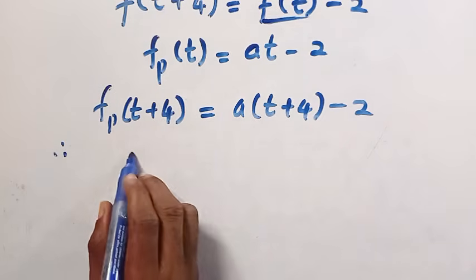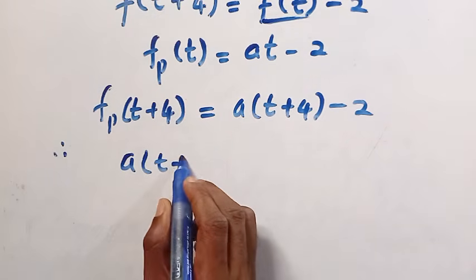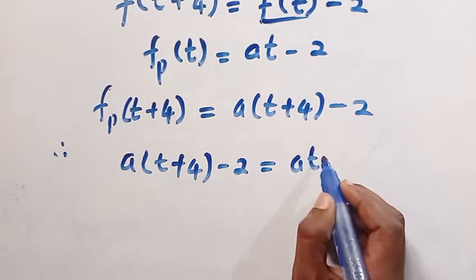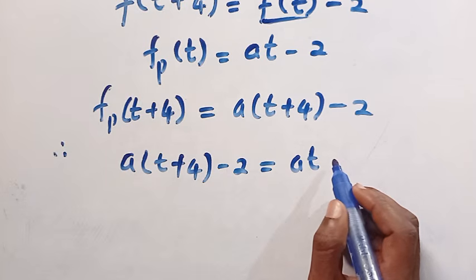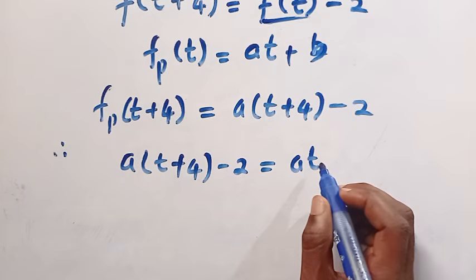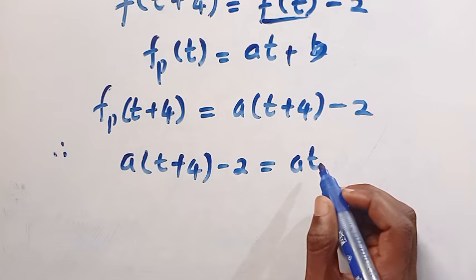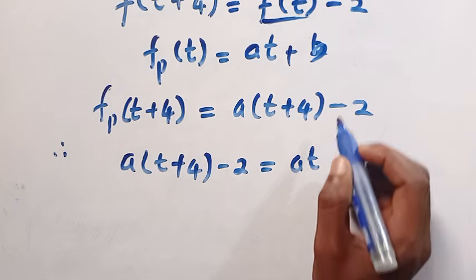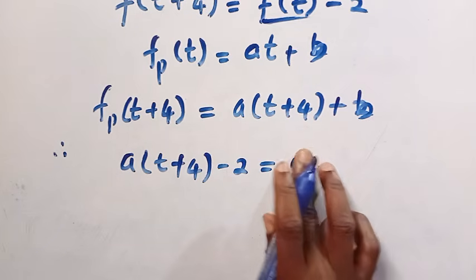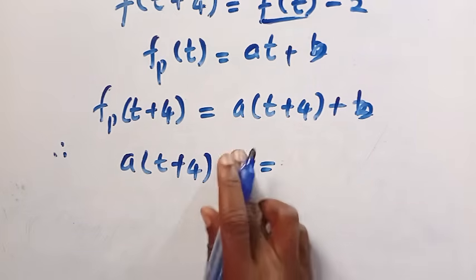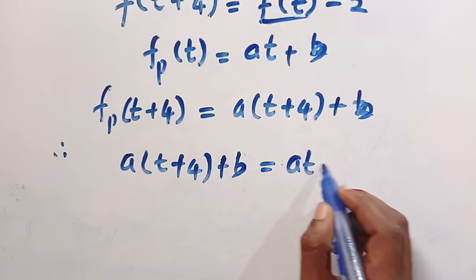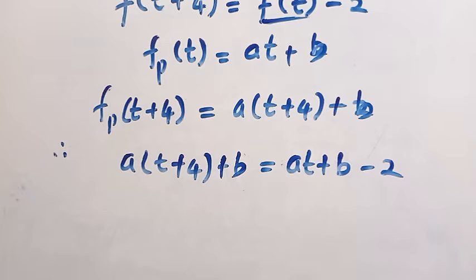So substituting back, we have a bracket t plus 4, plus b, equals at plus b, then minus 2.